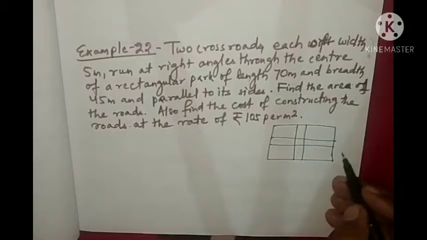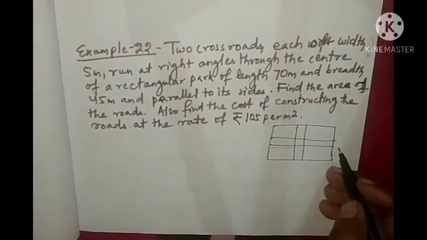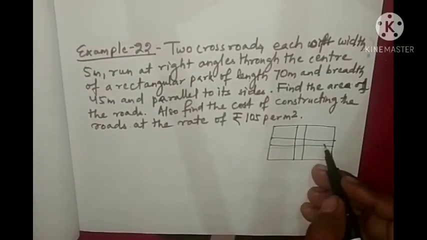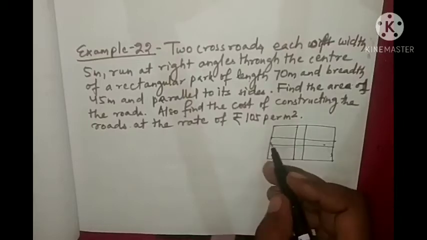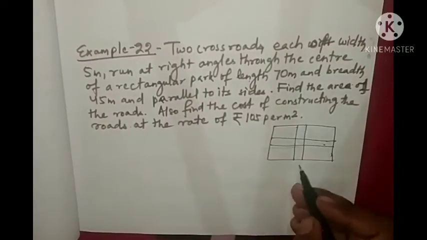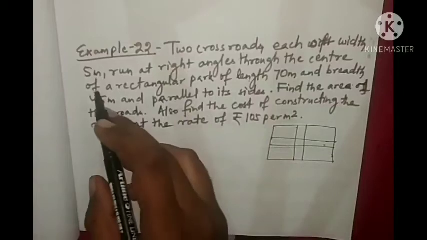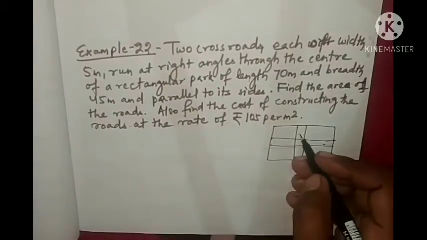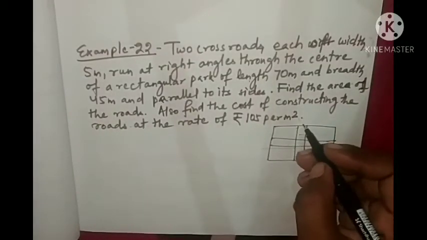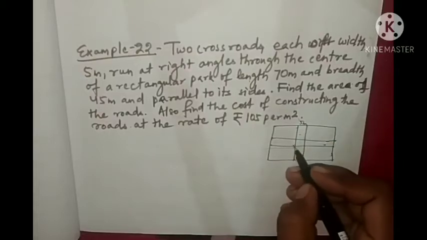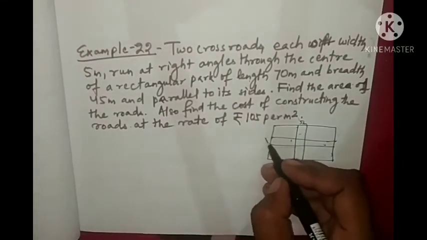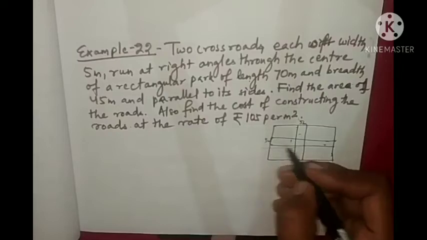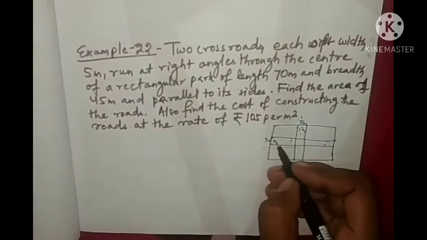Crossroads means the roads which are crossing together at right angles. One road is crossing another at right angles through the center, and each has a width of 5 meter. This is 5 meter, and this is also 5 meter from here to here.